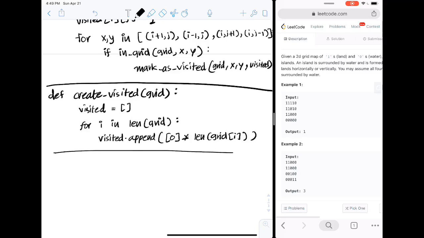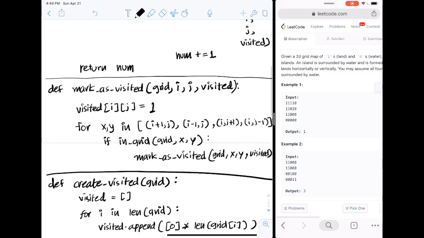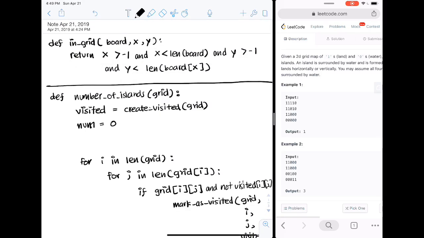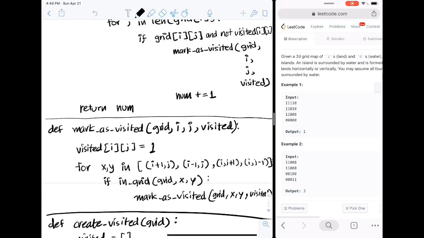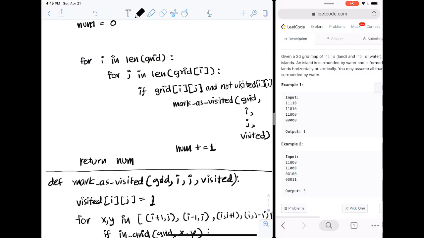Alright, that's it. I think our code is pretty sound, but I would still, at this point, run this through a few test cases. I'm not going to do that just because I want to quickly talk about what Jason was saying, which is how would we solve this without using that extra memory for visited. So let's think about it.